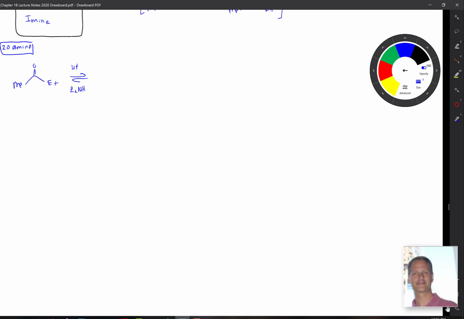Right, so without going through the whole mechanism, we'll just go dot, dot, dot, dot here. As we go through, one of the intermediates that we're going to get is a methyl, an ethyl. Then you're going to end up with a nitrogen here, and you're going to have a Z and another Z over here.